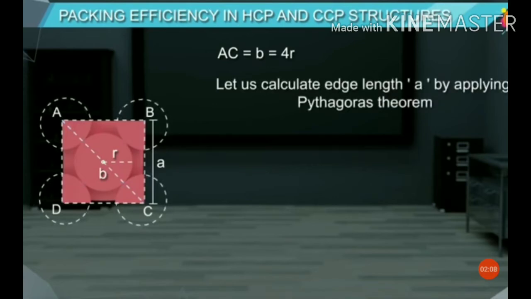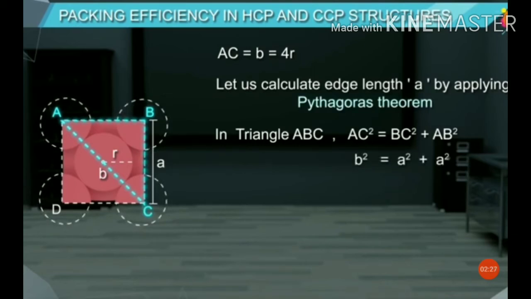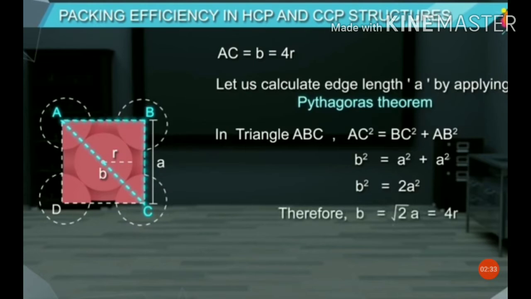Let us calculate the edge length a by applying Pythagoras theorem. Consider the triangle ABC. AC square is equal to BC square plus AB square. Substitute the values. b square is equal to a square plus a square, which is equal to 2a square. Therefore, b is equal to root 2 a, which is equal to 4r.